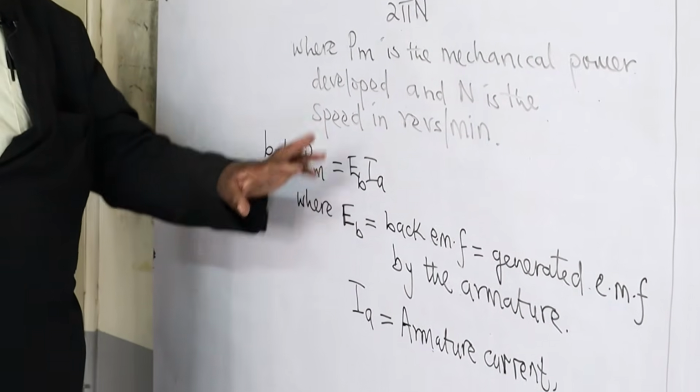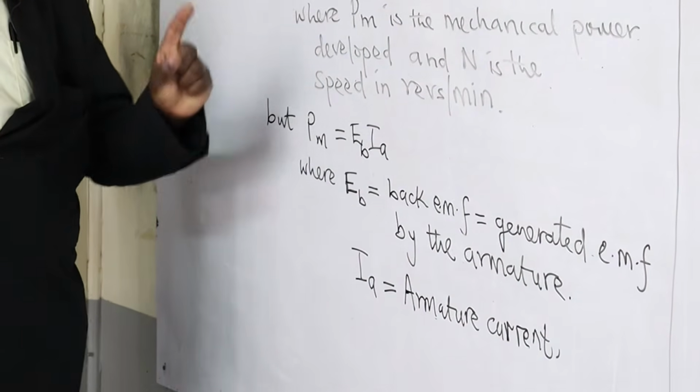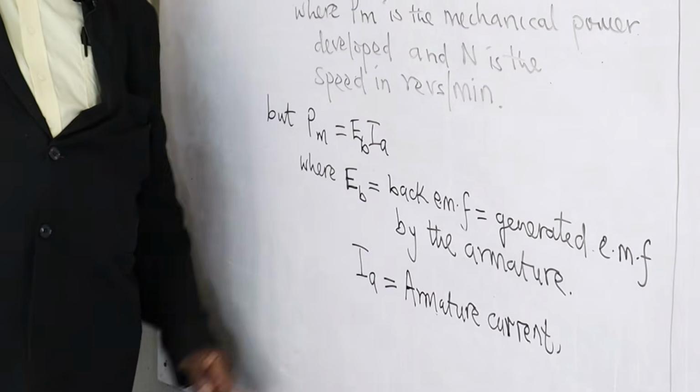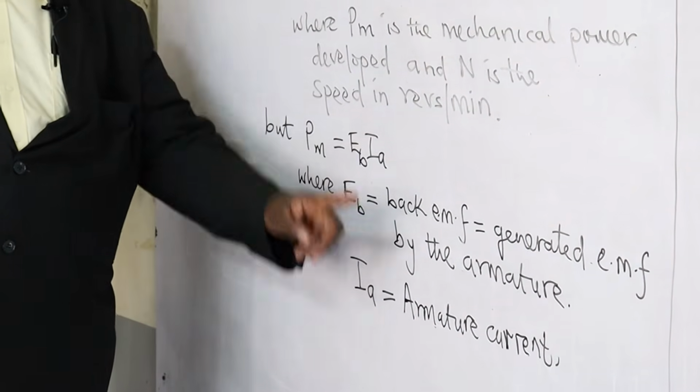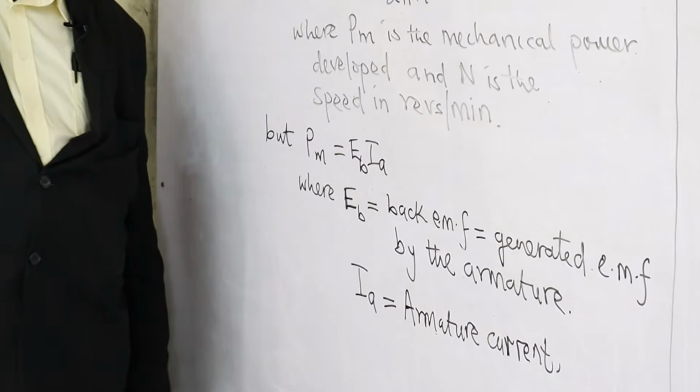EB is just the back EMF, which is the same as the generated EMF by the armature. IA is the armature current.